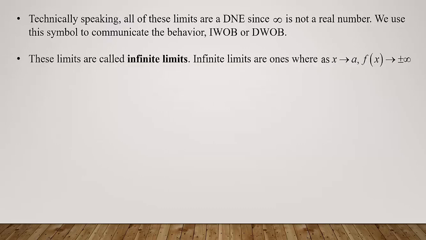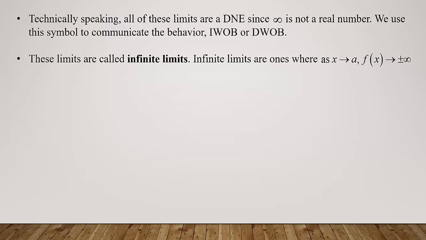So these limits, which have results of infinity or negative infinity, are called infinite limits. In other words, infinite limits are ones where as x approaches a, the functional values are approaching infinity or negative infinity.